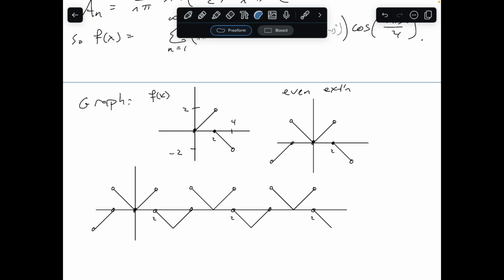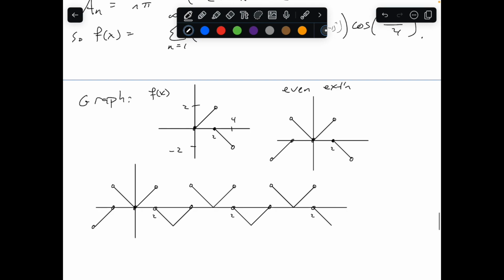Okay, that's fine. And then at the discontinuities, the actual function that the Fourier cosine series will converge to, the value of it will be halfway between those two open holes. So there, there, there, there, there, and there.